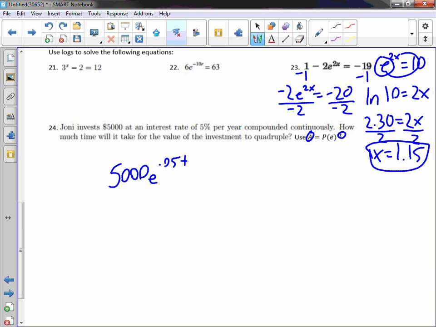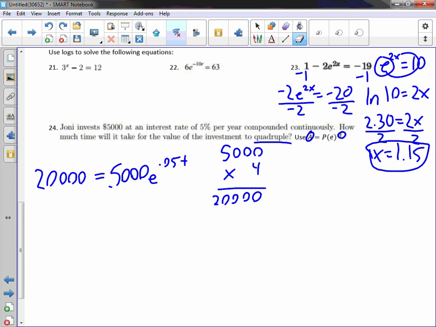So it's asking how much time, so how much time means we're solving for t, will it take for our investment to quadruple? So we started at 5,000. We need to figure out how long it's going to take to quadruple. Quadruple means times by 4. So we get 20,000. We want to figure out how long it takes to turn this into $20,000.